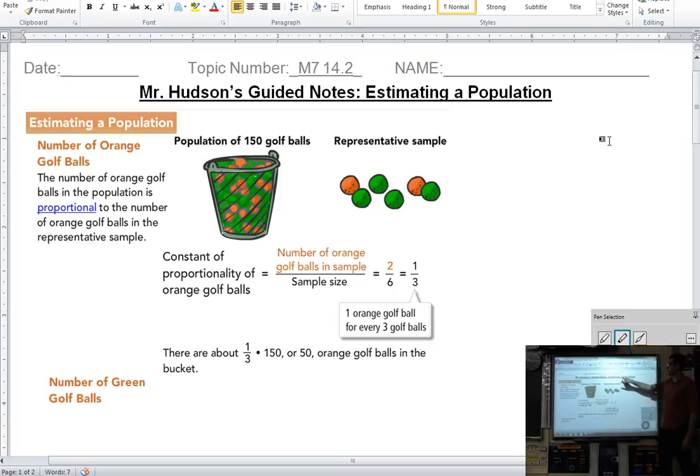We are going to estimate, and another word that we can use for estimate that we talked about yesterday is an inference. Inferences are predictions that we can make based off data. So an inference must be based off of data.